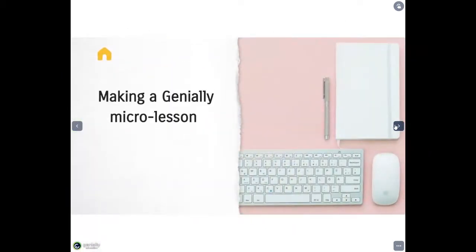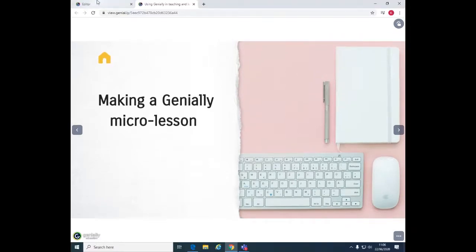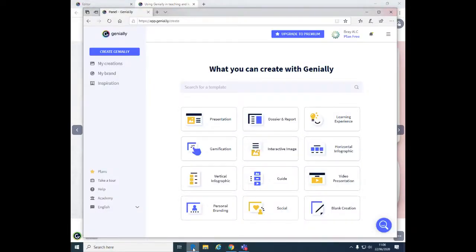So we're going to look now at how you make slides like that in Genially, how you put them together into a little micro lesson. So first of all, this is a basic free account, and you get great functionality even with the free account.